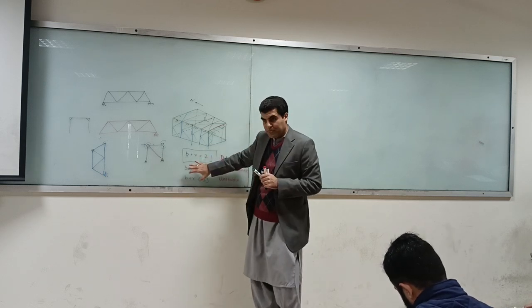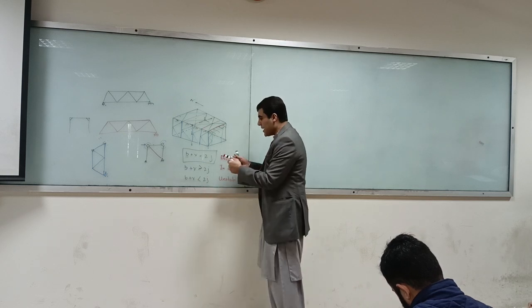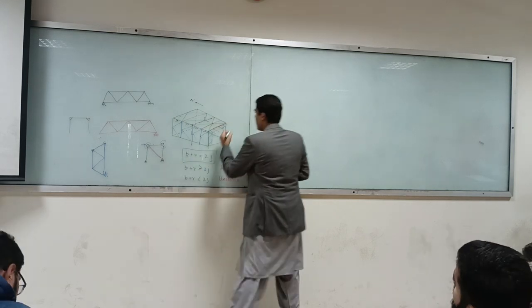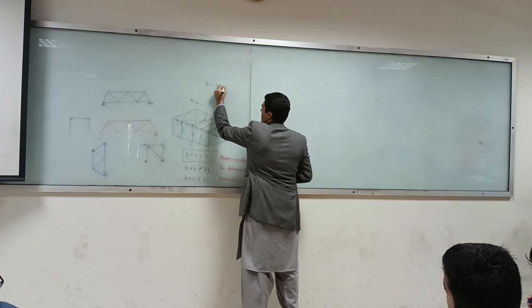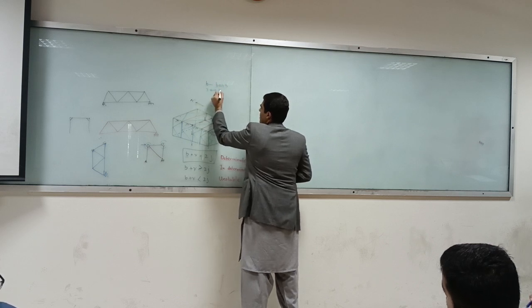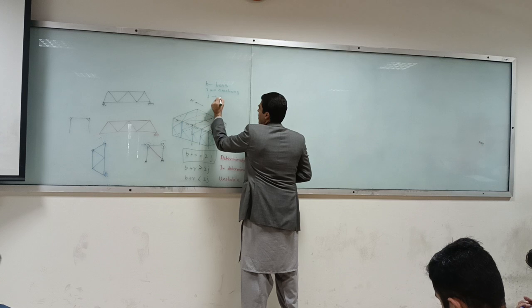These things. So what are the B or B is, I told you, B is the number of bars, and J is the joints.